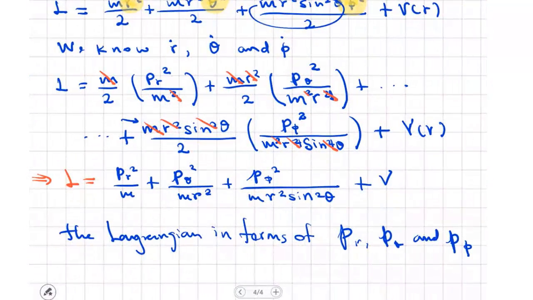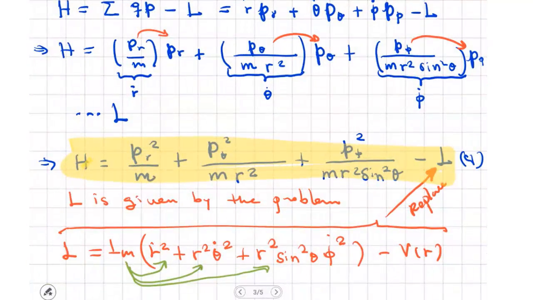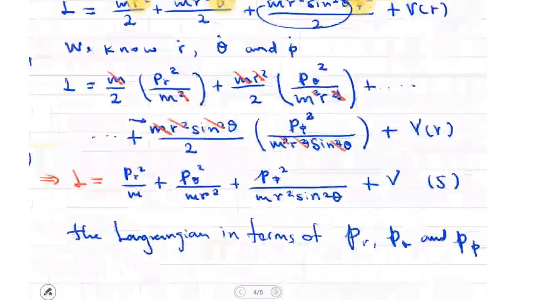And we have this equation, and we call the Lagrangian number 5. Okay, guys, what we do is we replace 5 into 4. We replace equation number 5 into equation number 4, and equation number 5 is p_r squared divided by the mass.